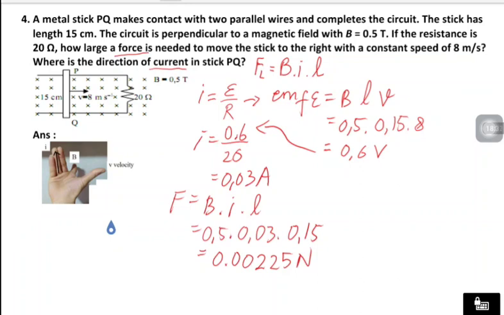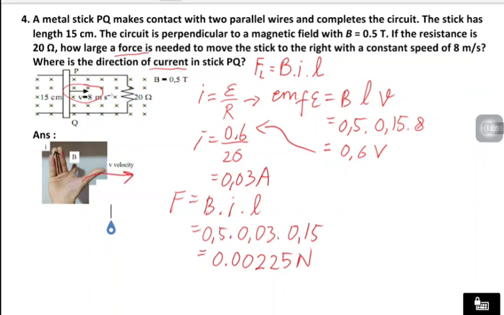So if we see, the direction of velocity is to the right side, so we put our thumb finger to the right side.